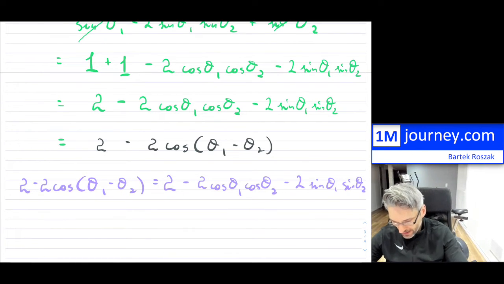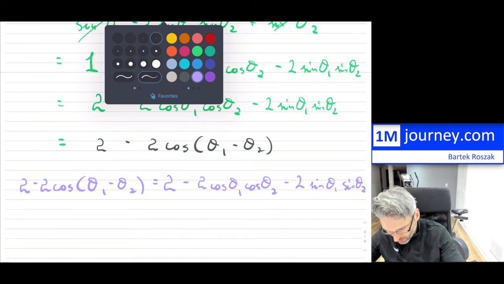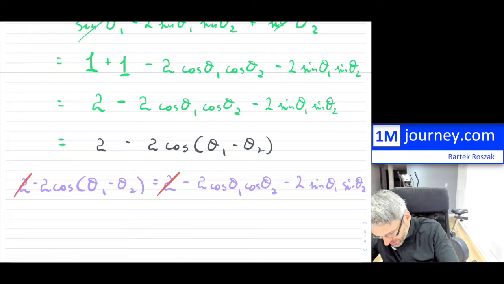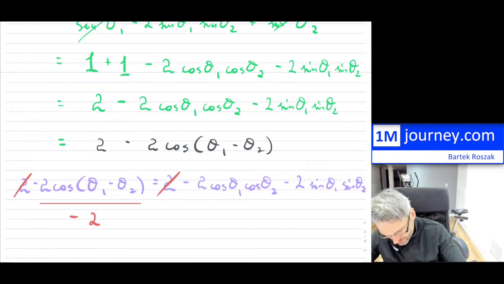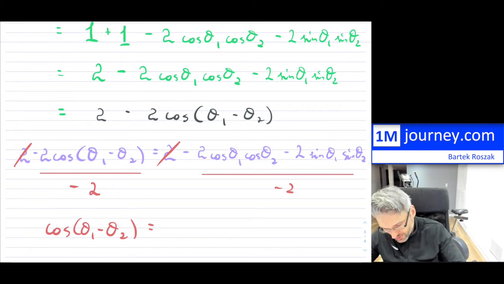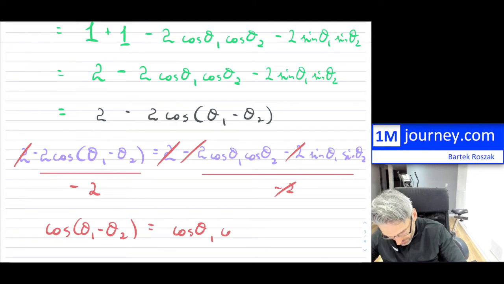Now notice on both sides I have a 2 and a 2, so that will cancel. Now I can divide both sides by -2. What am I going to get? I'm going to get cos of theta 1 minus theta 2, which is exactly what I wanted. The -2 cancels, and all I have left is cos theta 1 cos theta 2, plus, because the negatives are canceled, sine theta 1 sine theta 2.